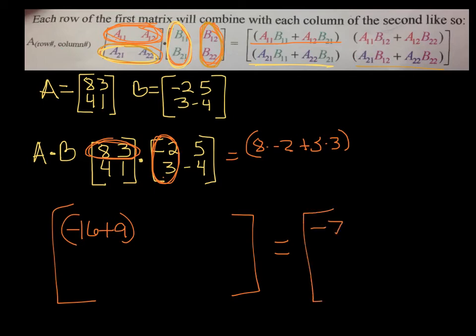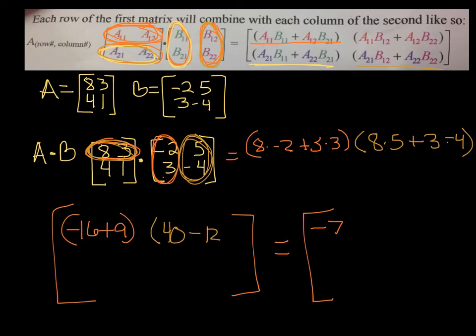So that's your top left number. All right, now let's do our top right. So now we're going to go with 8 times 5, and then add that to 3 times negative 4. So that is 40 minus 12. And 40 minus 12 is 28, so that's the next term here.